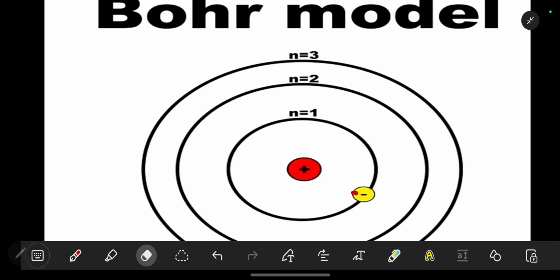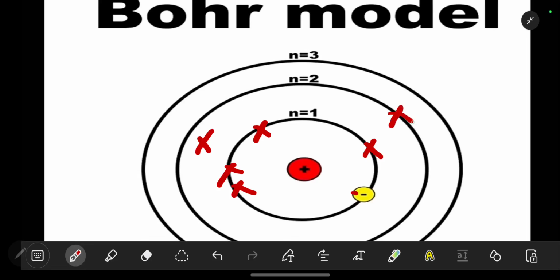So firstly, one thing that we need to know is that the electron position is quantized, meaning to say there are specific positions in which an electron must be. So an electron might be here, might be here, might be here, but an electron will never be here.